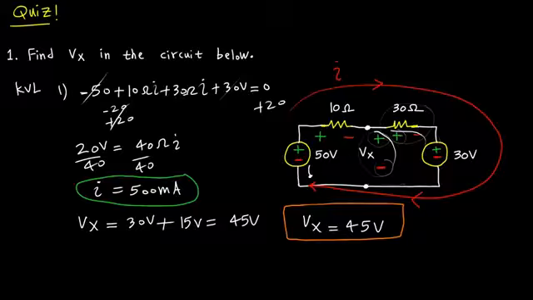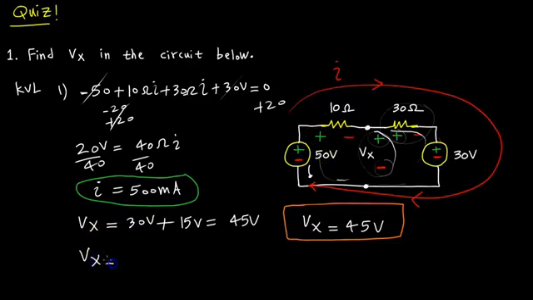And now we have to make sure that we check on the other side and make sure that there's no conflict here. So I'm going to look this way and say, okay, let me start at the ground, the bottom, at the reference node, go up, and I'm going to see a rise of 50 volts, and keep going. I'm going to see a drop because I'm going first from minus to plus, then plus to minus. So I'm going to see a drop here.